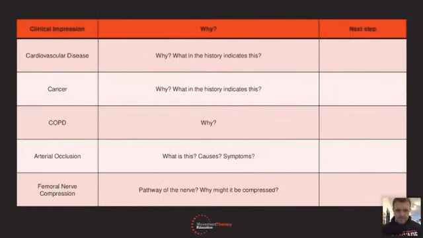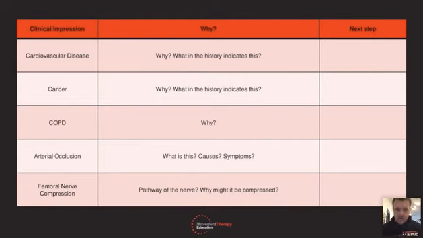Okay, cool. So again, what I've done is copied from last week, really, and I used to put my justifications in here, but I want you guys to have a think about it. So some of the clinical impressions I've put down, we've got cardiovascular disease. So why do we think that? What in the case history indicates that?